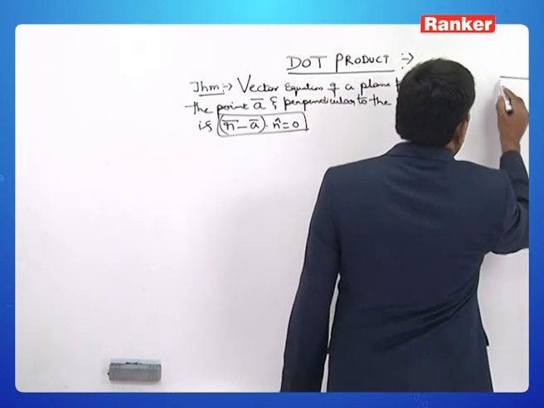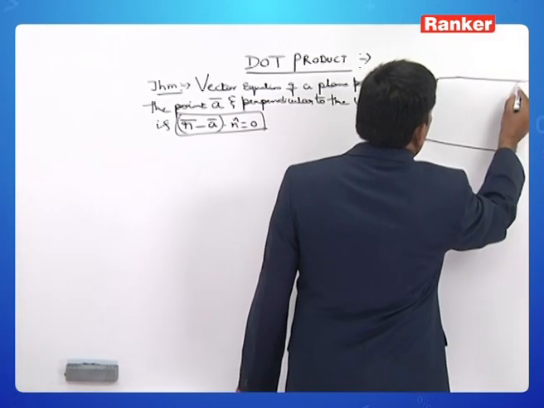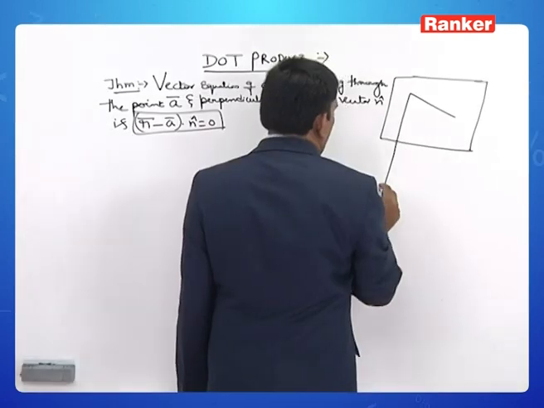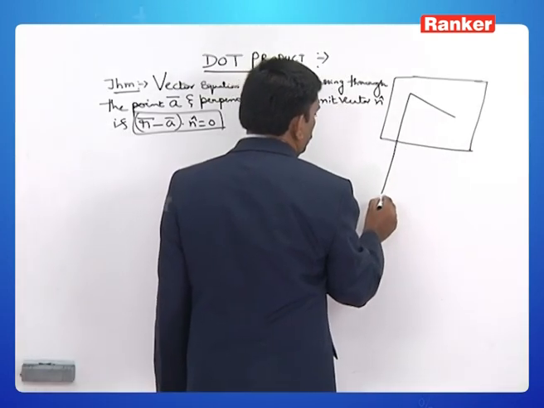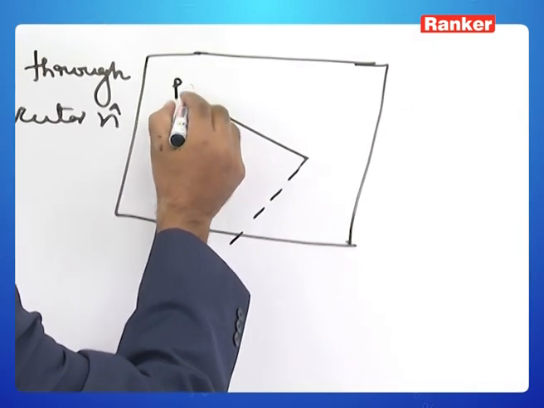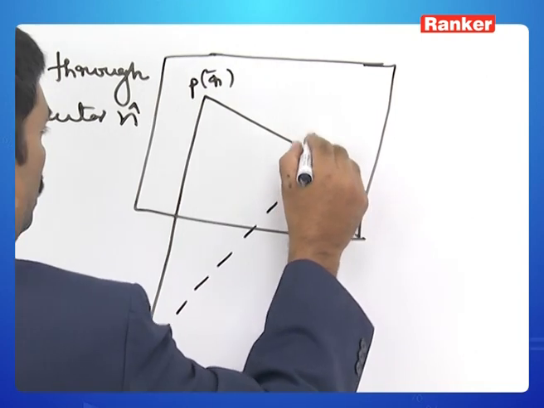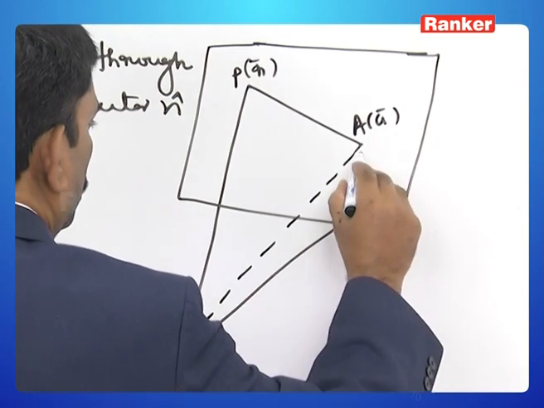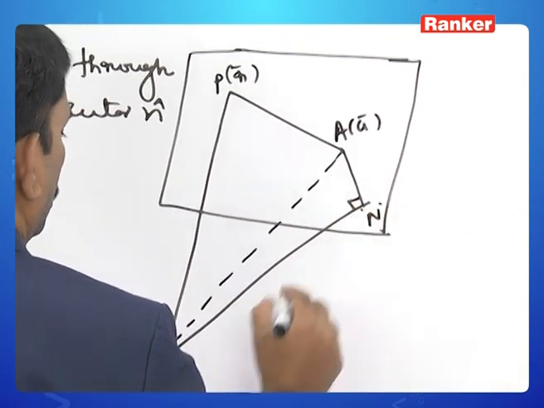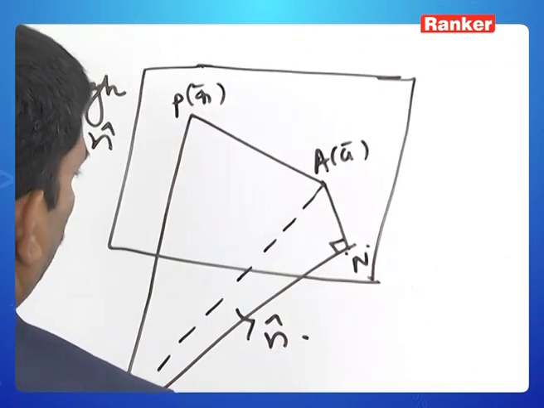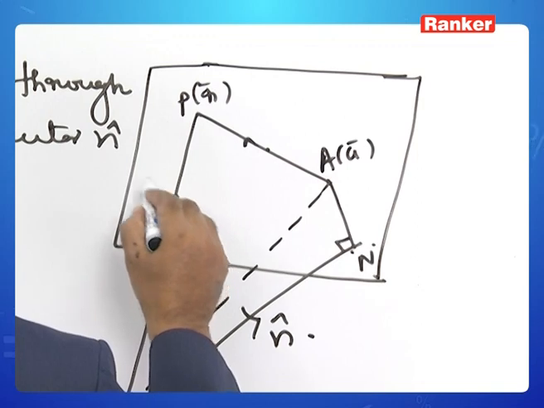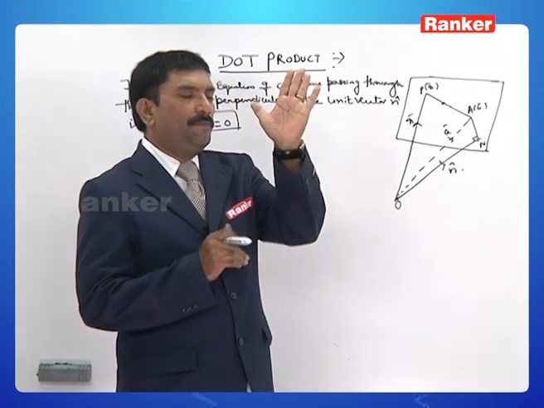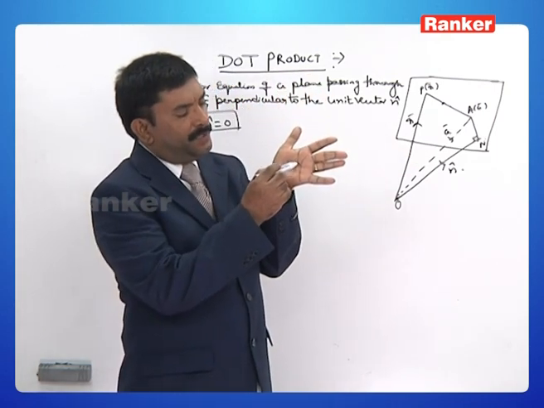If I take a plane, this is the origin. Now, this is a plane. This plane is passing through 2 points.